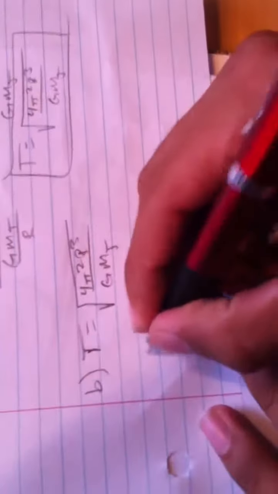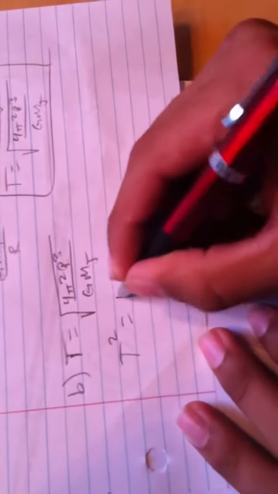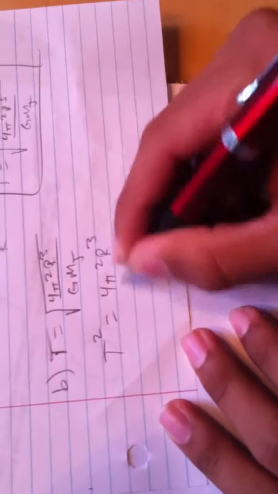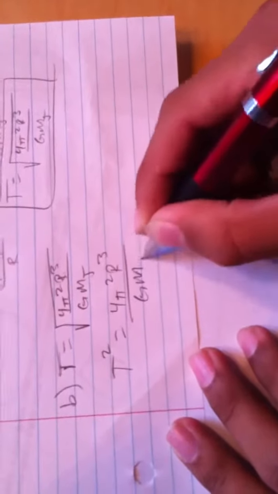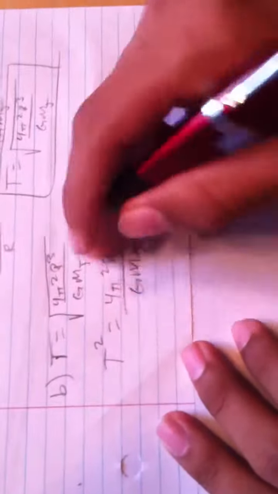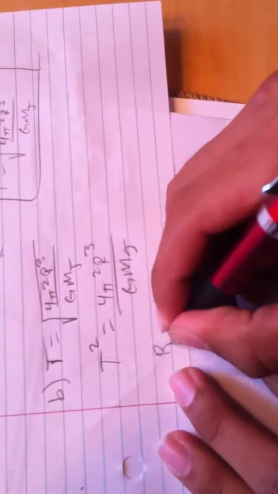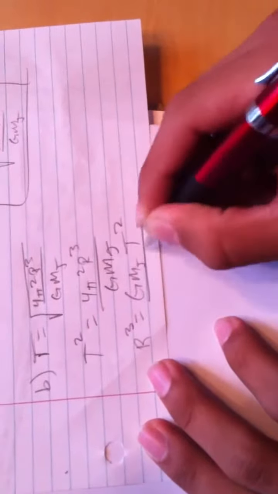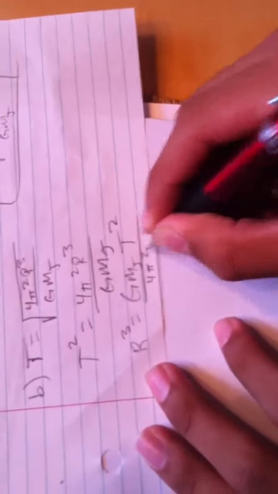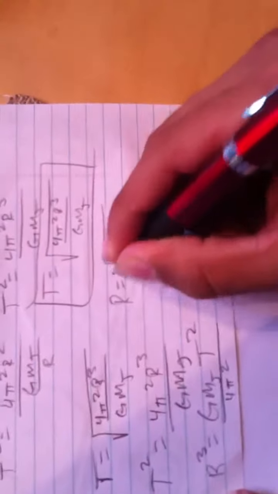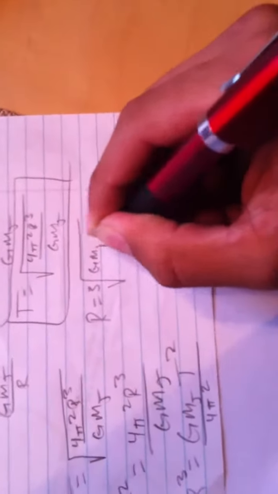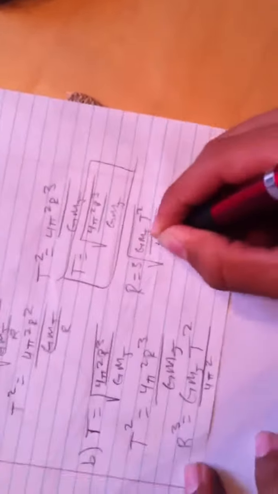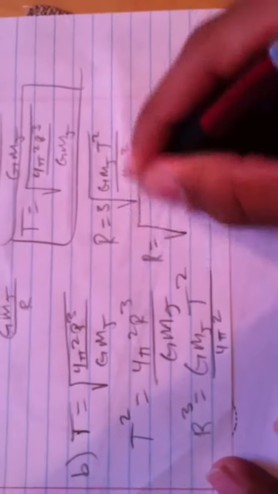Again, if you square everything to get rid of that radical, T squared equals 4 pi squared r cubed over G m_J. Then you put this on the other side, so r cubed equals G m_J T squared over 4 pi squared. You then take the cube root to solve for r, so r equals the cube root of G m_J T squared over 4 pi squared. And then everything else is plug and chug.